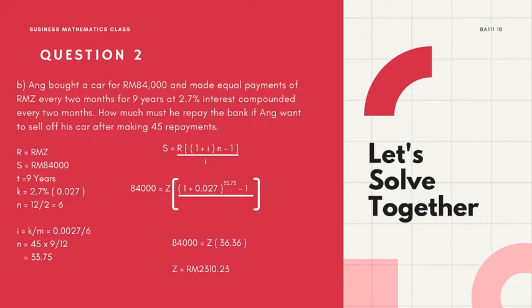After calculating all the numbers, we get 84,000 equals Z bracket 36.36. So the answer is RM2,310.23.